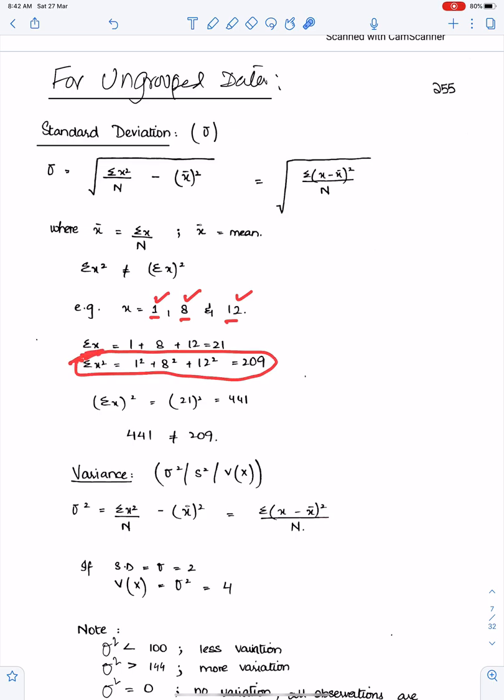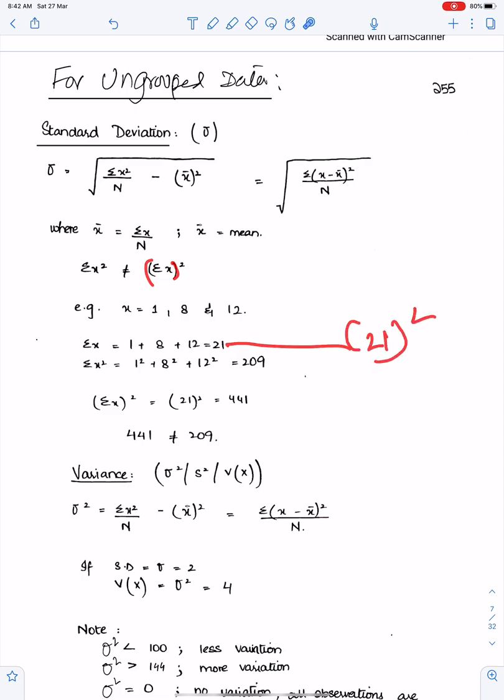Sigma x you all know, it is the sum of all the observations. And sigma x whole square means the square of this, which is 441. So 441 is not equal to 209. Therefore, sigma x square is never equal to sigma x whole square.